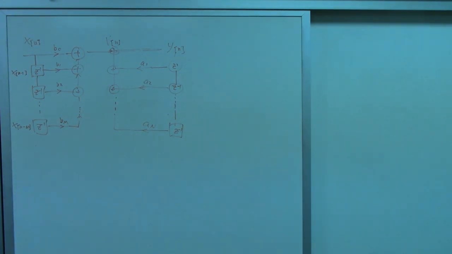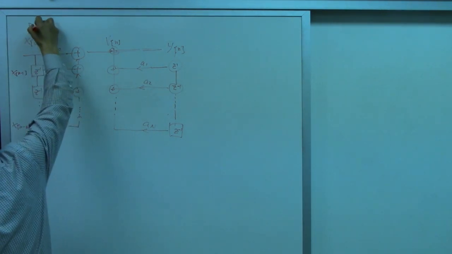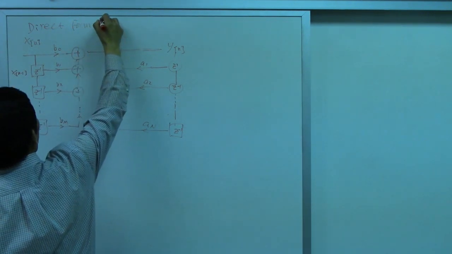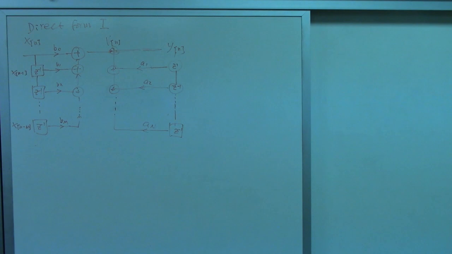And this is called direct form 1. The block diagram implementation of direct form 1. So if I give you a difference equation, can you draw the block diagram in direct form 1?